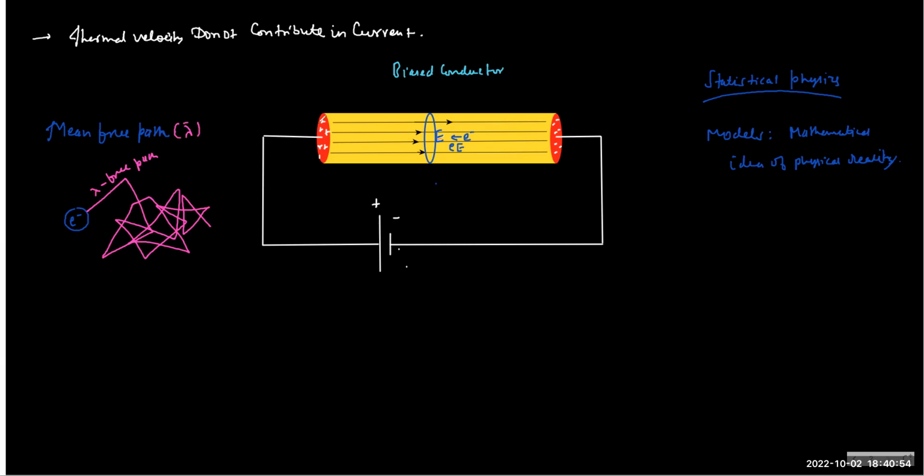This is called free path. Let's call the free path lambda 1. But the next free path may be slightly different, so we can call it lambda 2. The next free path may be lambda 3, and so on. So mean free path is technically the average of all the free paths up to whatever number you want to continue. So this is called the mean free path.